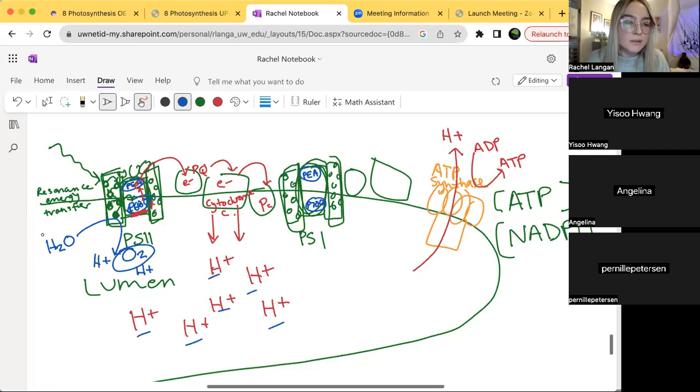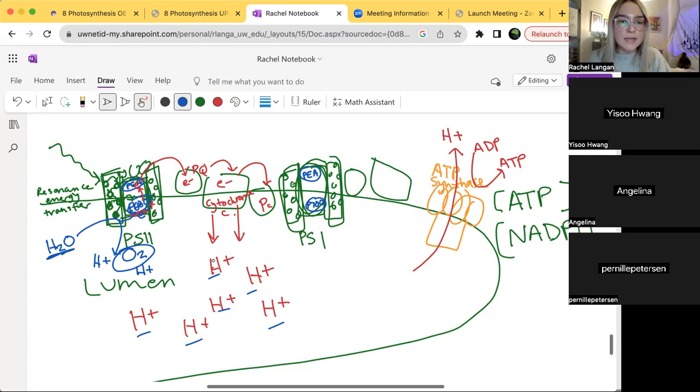But the most important reason why we split water is because when we split water, we can donate an electron from water to P680. And so P680 has its electron back from water, and it can keep doing these reactions. Okay, so that's how we make ATP, and that's the role of water.